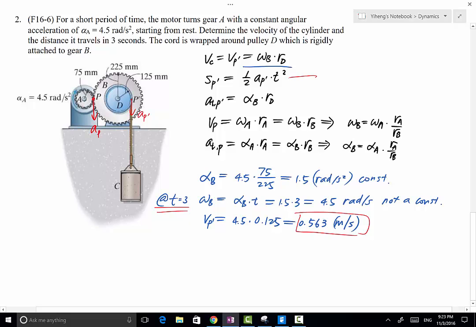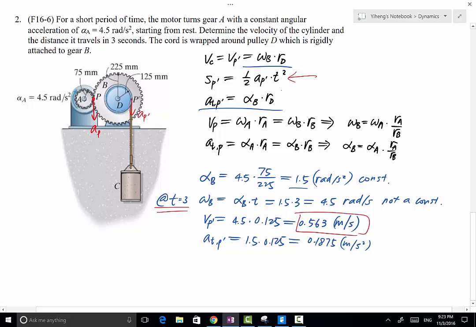And then going back to this equation, because AP prime equals alpha B times Rd, so ATP prime equals alpha B, that is 1.5 times Rd, 0.125 meter, and that equals 0.1875 meter per second squared.